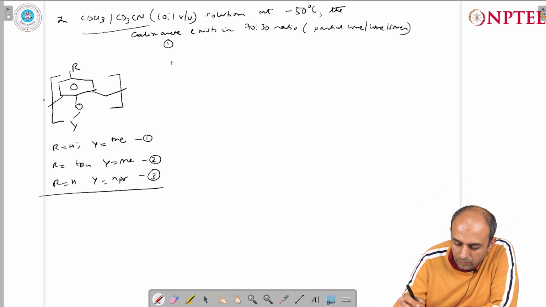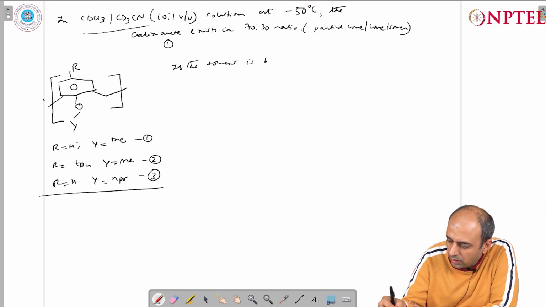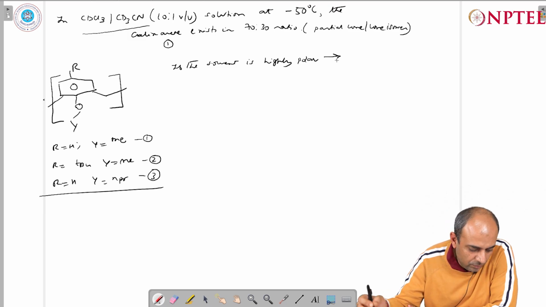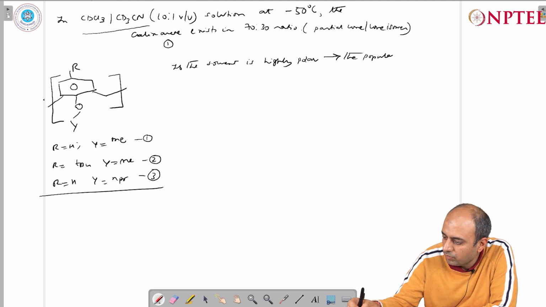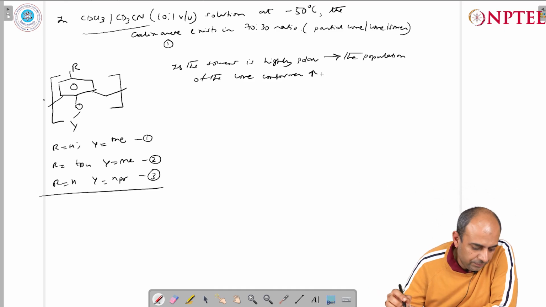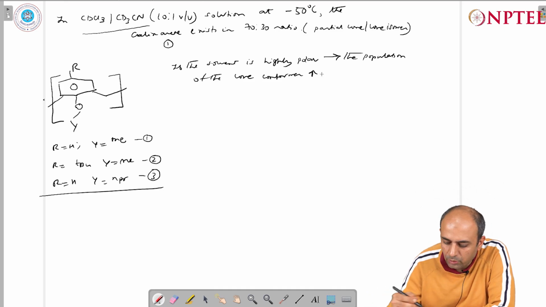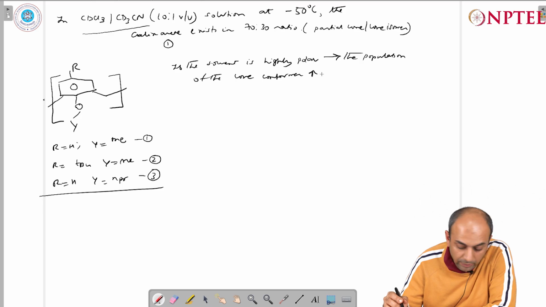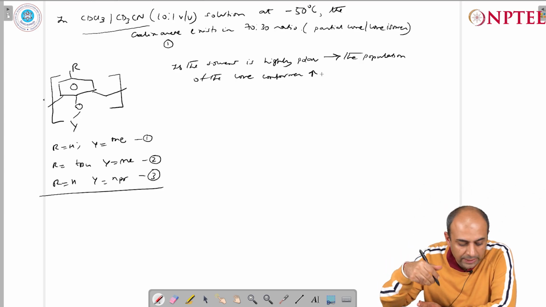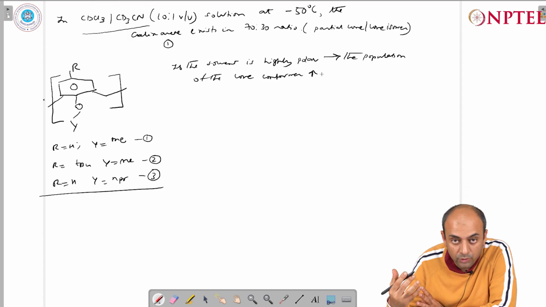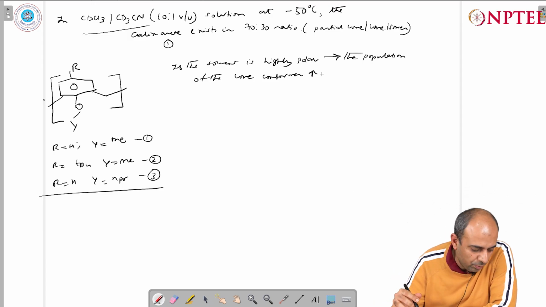And we also know that if the solvent is highly polar, then the population of the cone conformer is the highest. So, more is the solvent polarity, more is going to be the population of the cone conformer. Why? Because all the oxygen atoms are on one side and the non-polar portion is on the other side. So, that makes it much more polar, having a higher dipole moment.